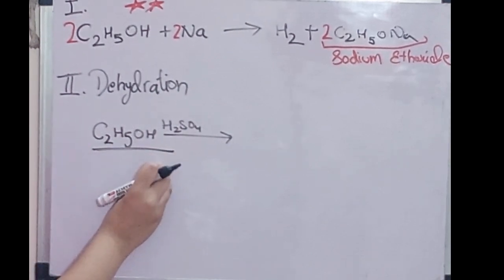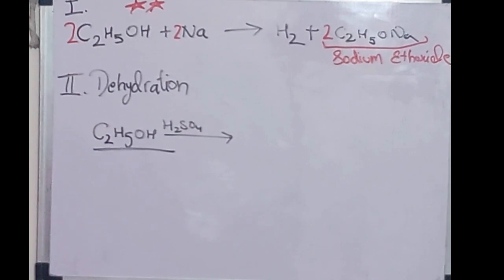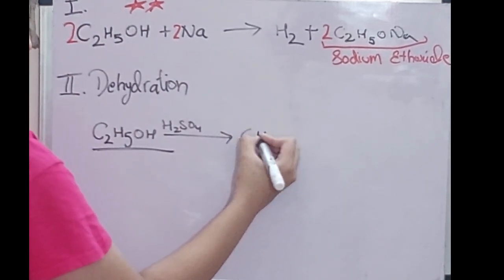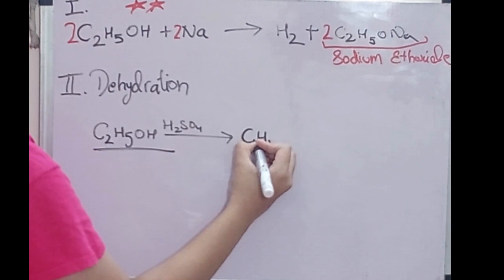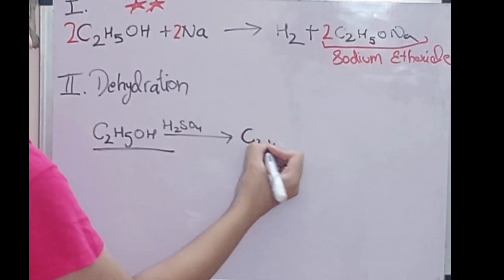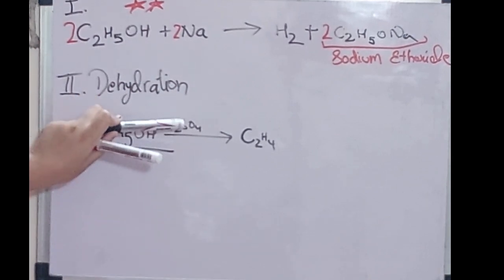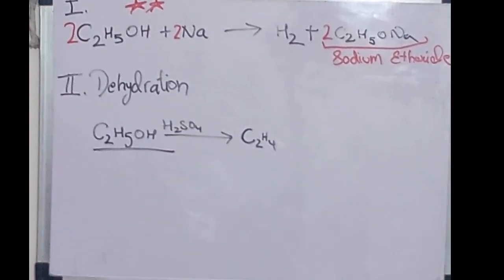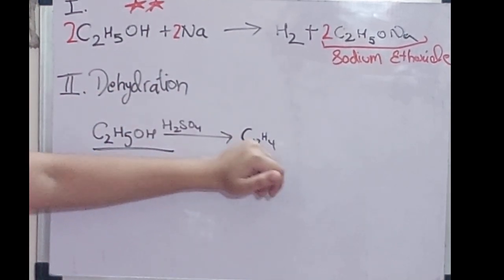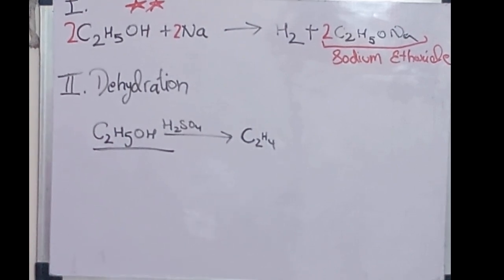So C2H5OH, when it is dehydrated, it actually becomes C2H4. C2H4 is ethene. So ethanol, when dehydrated with the help of the dehydrating agent, H2SO4, a very strong dehydrating agent, and in this case you can also call it a catalyst, we get ethene, C2H4.